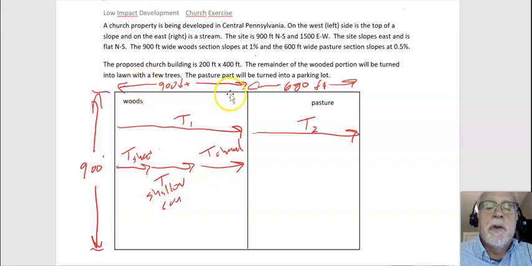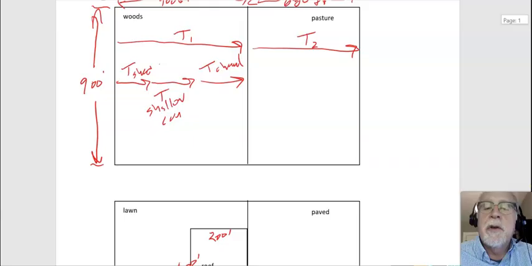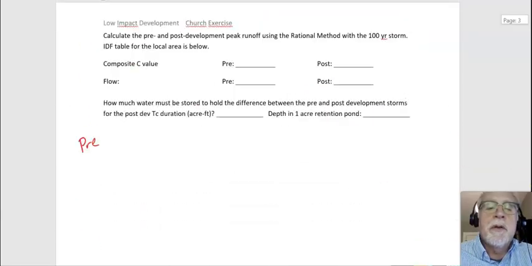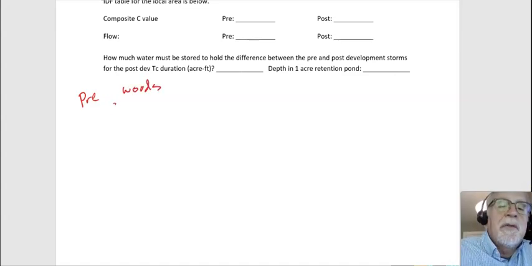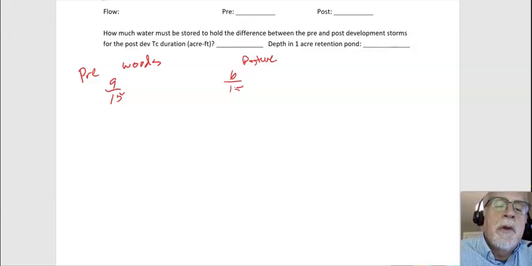This way is 900 feet of the woods and 600 feet of the pasture out of the total of 1,500 feet. So there's 9/15 of woods and 6/15 of pasture. For the woods, I'm going to use a C value of 0.10.